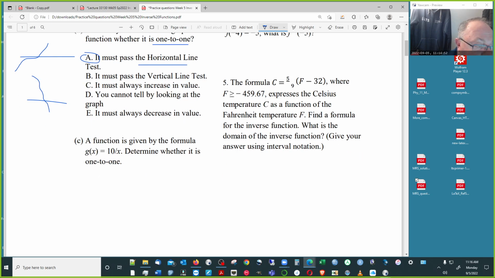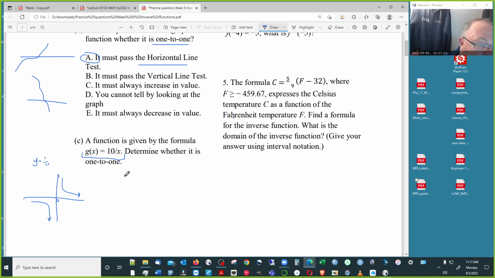A function is given by the formula 10 on x, determine whether it's 1-to-1. So this is a variation of a log function. You might not recognise these, but don't beat yourselves up if you don't recognise a log function. So y equals 1 on x is just this kind of thing going on, and the asymptote's at 0.